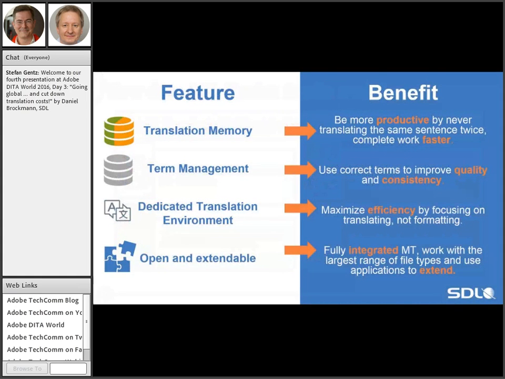So if we take a look at the different technology components and their benefits, a translation memory is definitely a very critical asset for any business to make sure that the entire supply chain is as productive as possible, by never translating the same sentence twice and by being able to complete work faster. So it's always the same discussion or consideration.